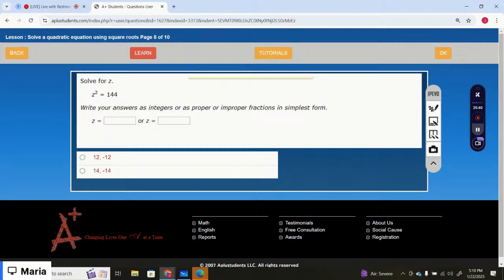Solve for z square equals 144. So which is the correct option? Option number 1 is the correct option, that is 12 and negative 12.